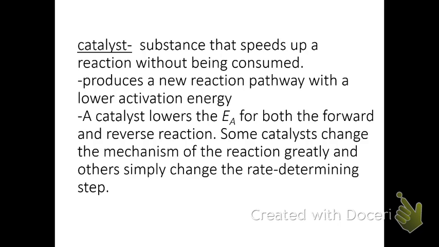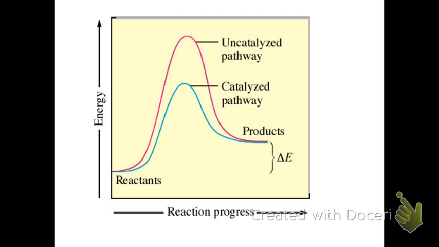Some catalysts change the mechanism greatly, and some just change the rate determining step. Okay, so you've got to be able to draw this. Here is the main point when you're drawing a graph of a catalyzed reaction: the energy of your reactants and your products is the same. We're not changing that.